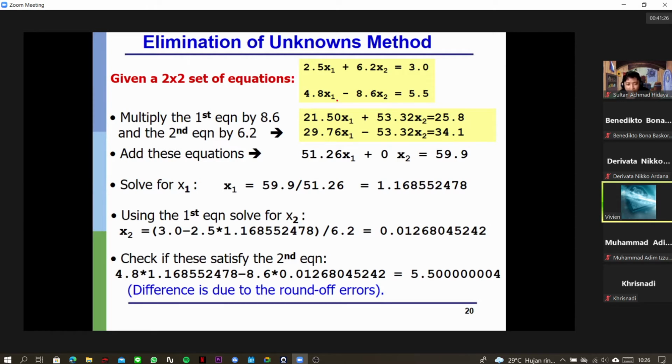Say we have 2 by 2 equations here, the first equation and the second equation, and we want to eliminate one of the variables. Say we want to eliminate x2, so I will multiply the first and the second equations by a constant so that we can eliminate x2 here. Then when we do addition, it will be 0, so we eliminate x2.